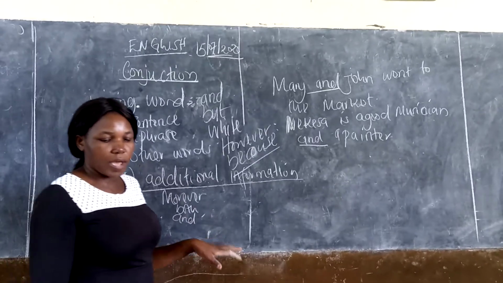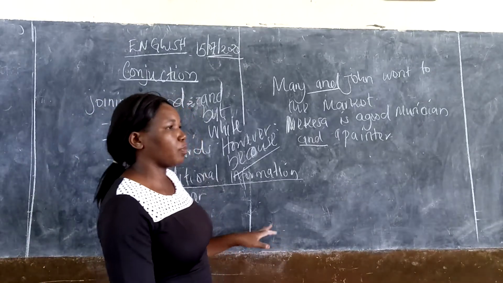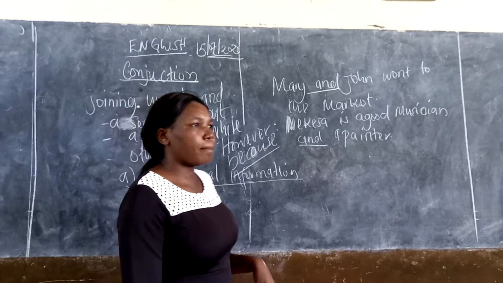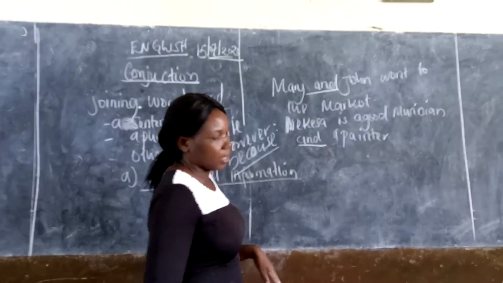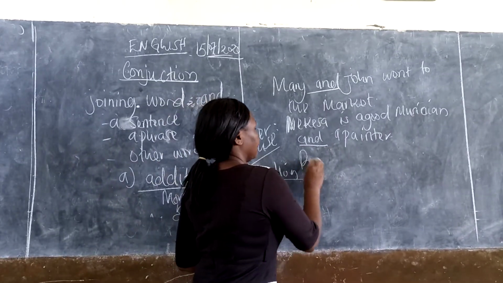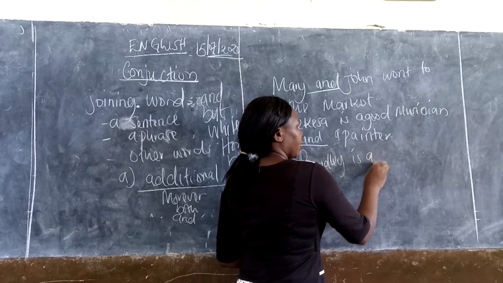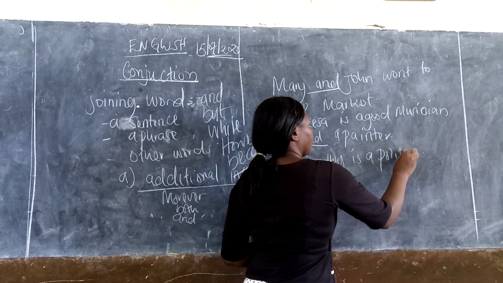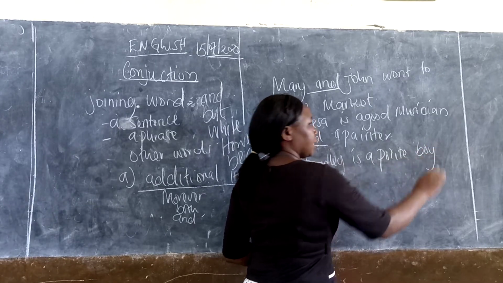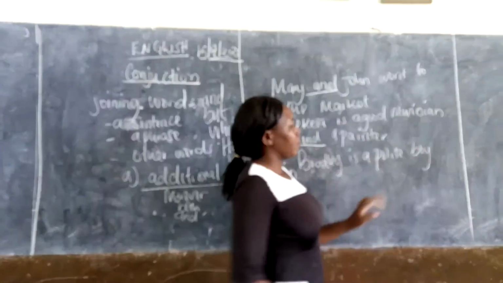We also have another sentence: Bradley is polite. Bradley is a polite boy.